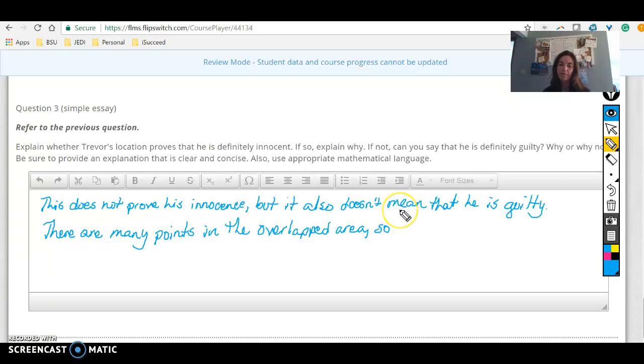So they can't exclude him as innocent, but they'll need more info to convict.